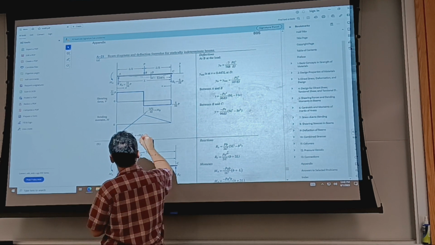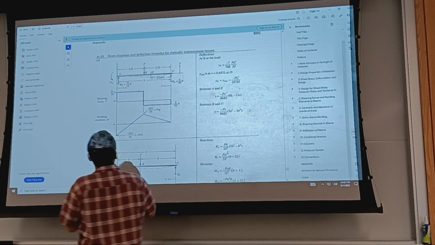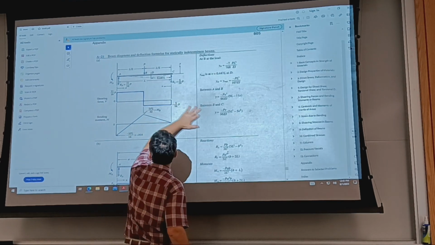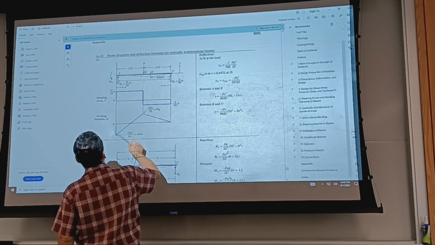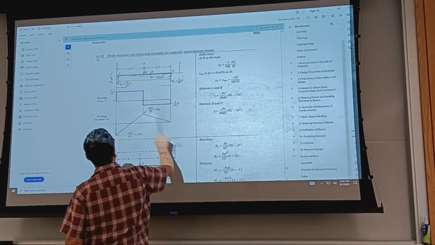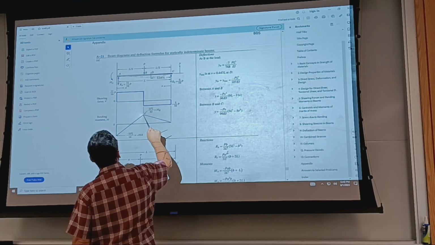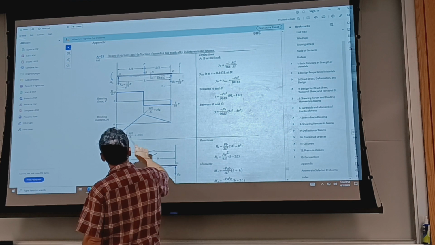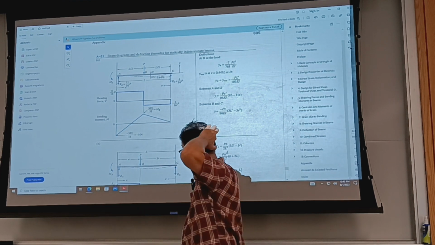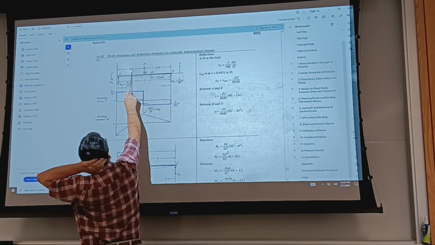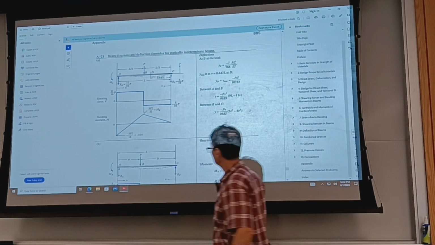This should have been a subscript, but we have MA on this diagram. They could have placed it here. So once you know the reaction moment of the support, you can draw the diagram. Okay, so the value here, 5 P L over 32, is nothing but negative 3 P L over 16 plus 11 over 16 P times L over 2.